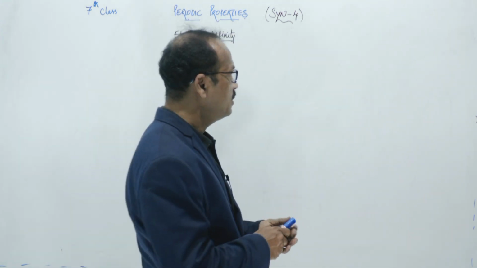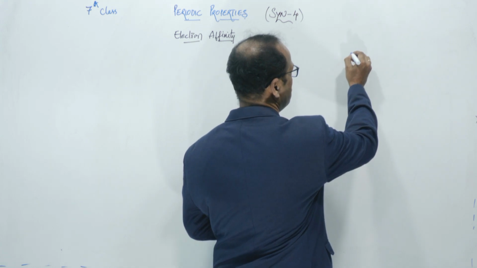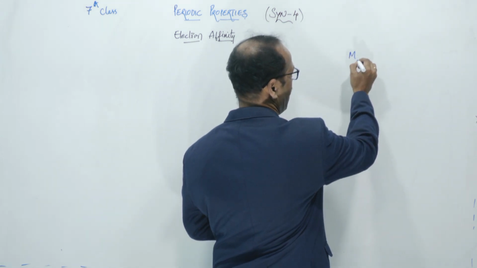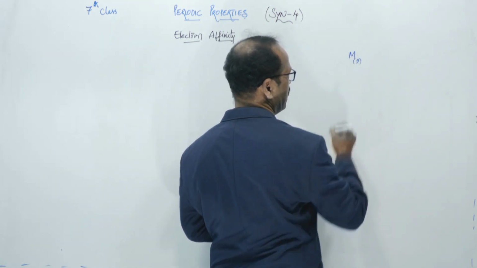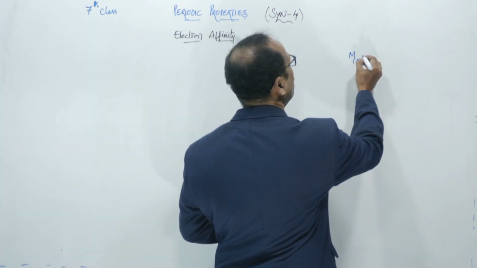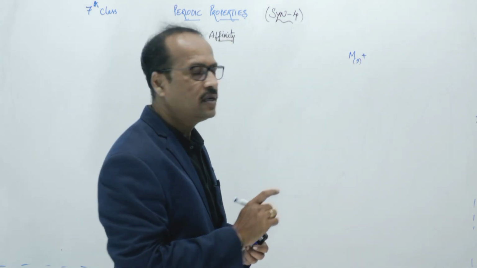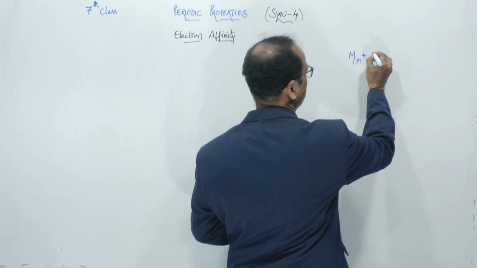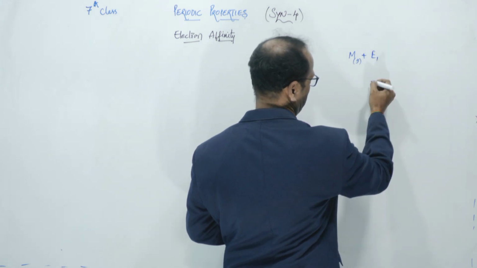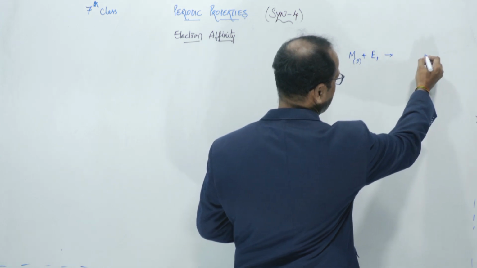Here, for example, there is one element M in the neutral, gaseous state. I want to remove one electron from this, so I apply some energy, E1.